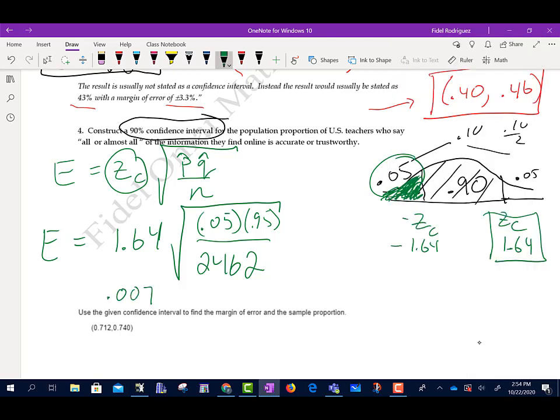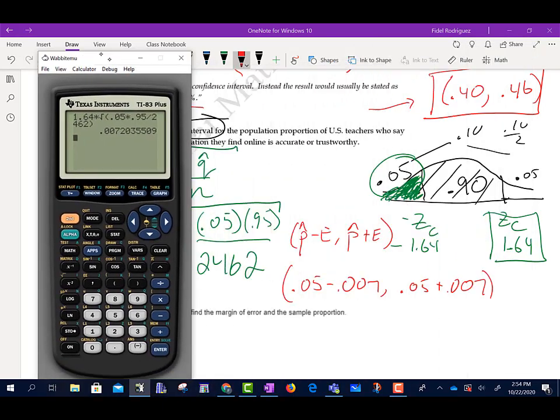So 0.007, okay? Now, we're going to find our confidence interval. So our confidence interval is going to be p hat minus the error and p hat plus the error, okay? So we said our p hat was 0.05 minus 0.007, and then 0.05 plus 0.007. So we can do that on the calculator.